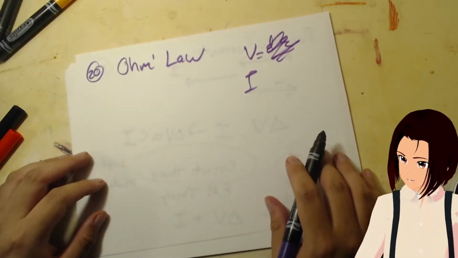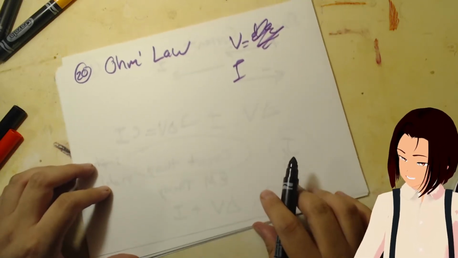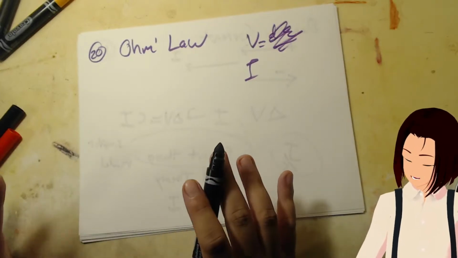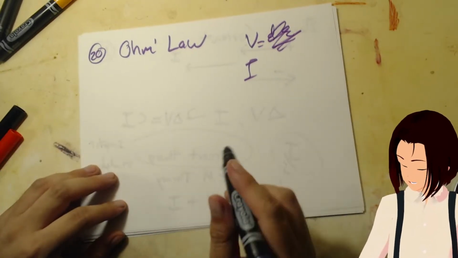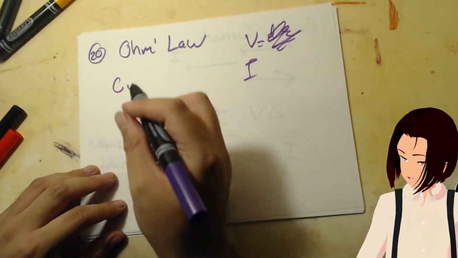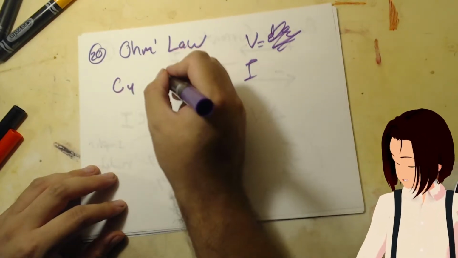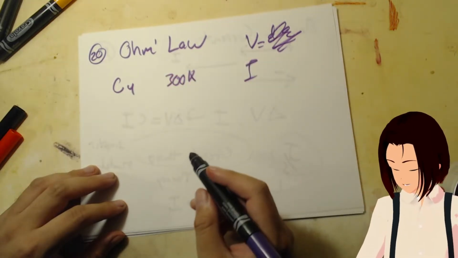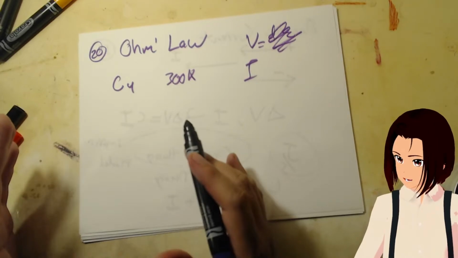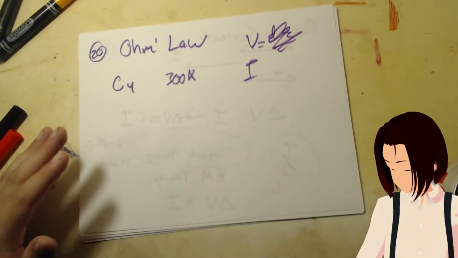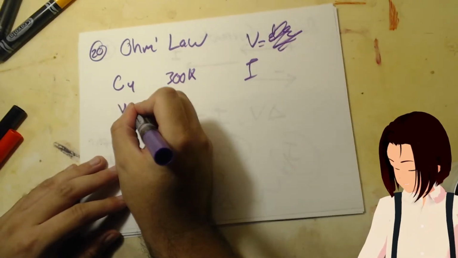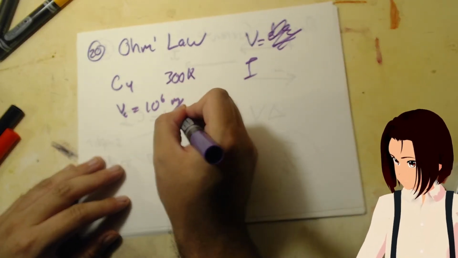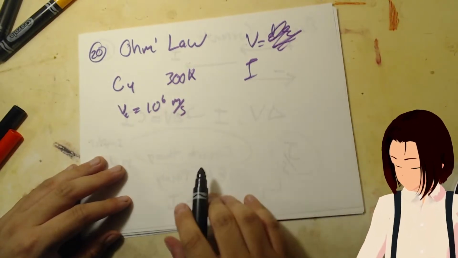Okay, so I'm going to do a few things very quickly, and just sit and watch and get the large idea. Say we have copper as a conductor, at room temperature, so 300 Kelvin. We know the speed of free electrons in copper, v sub e, is really, really big, like a million meters per second.